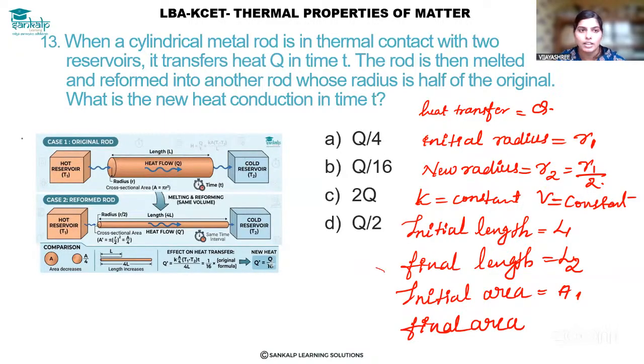Okay, we have to take this cross section area, which is called A1, and this is A2.